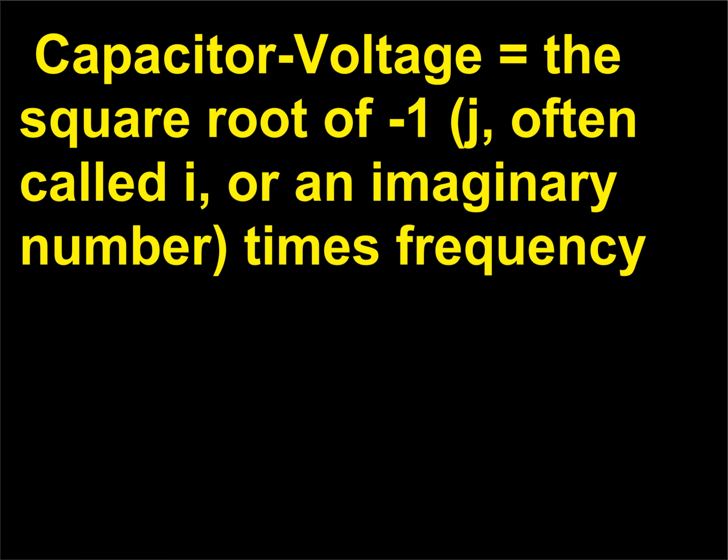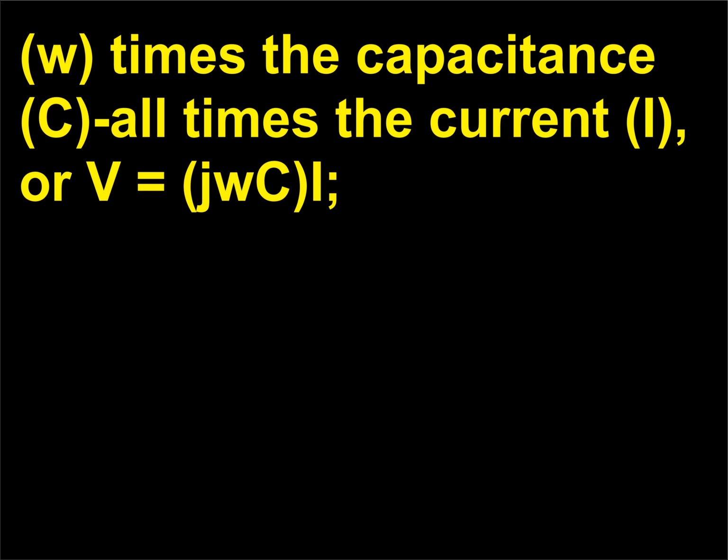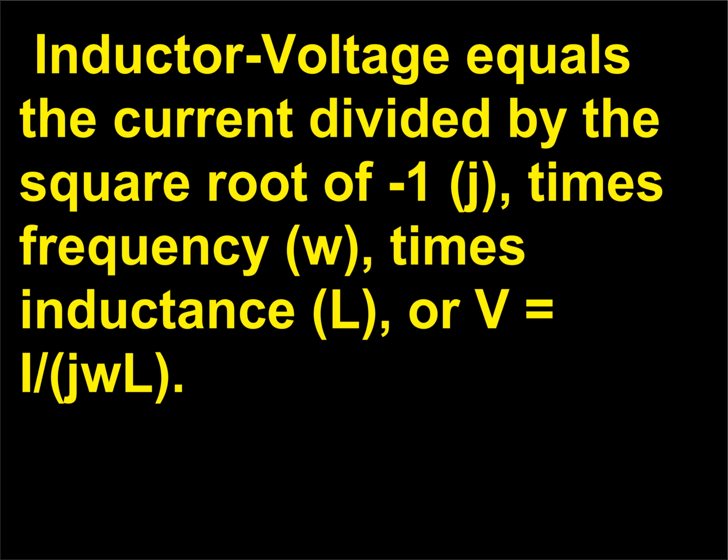Capacitor voltage equals the square root of -1, j, often called i, or an imaginary number, times frequency, W, times the capacitance, C, all times the current, I, or V equals jWC I. Inductor voltage equals the current divided by the square root of -1, j, times frequency, W, times inductance, L, or V equals I/jWL.